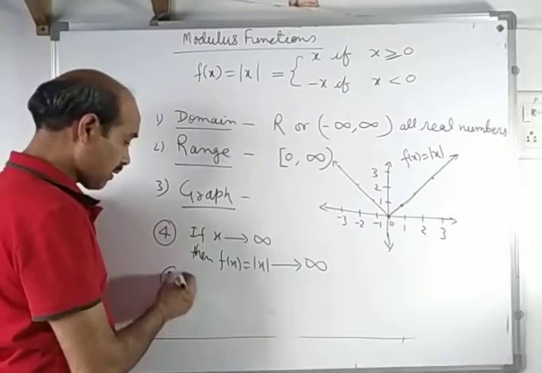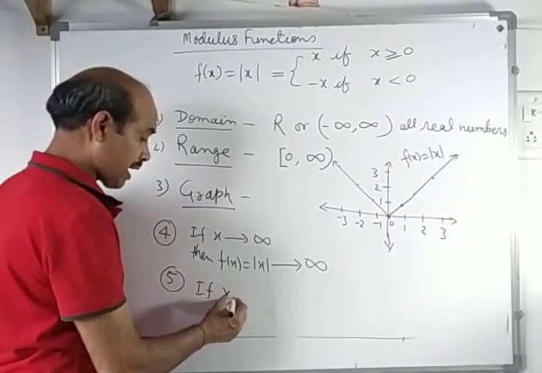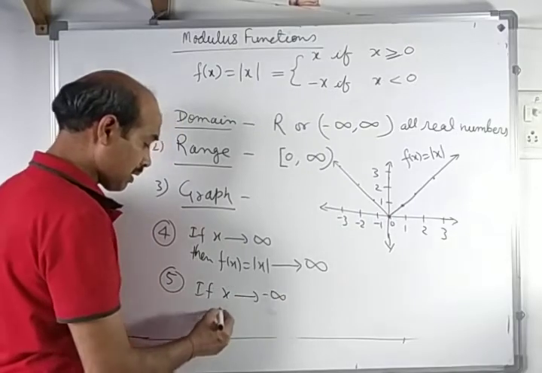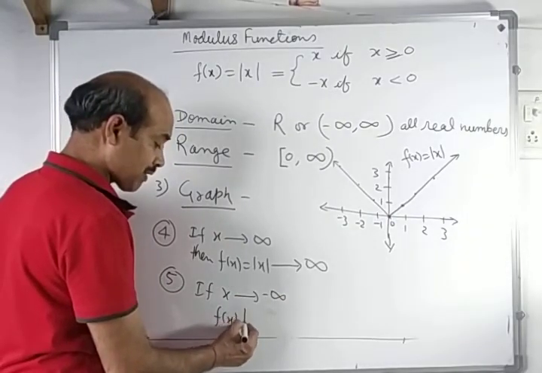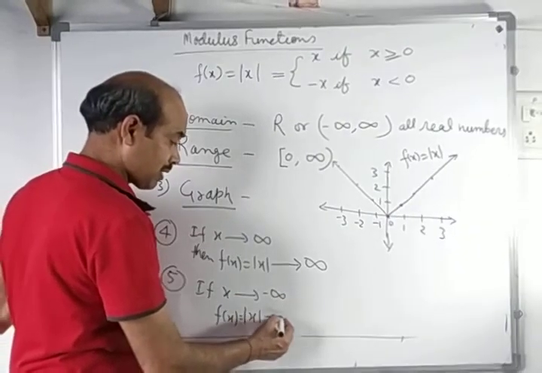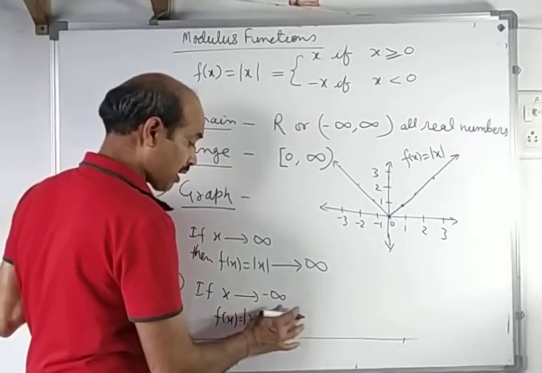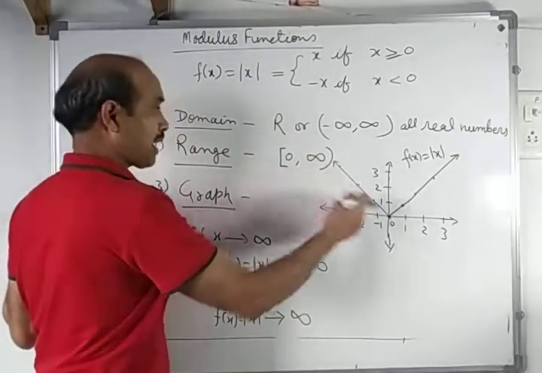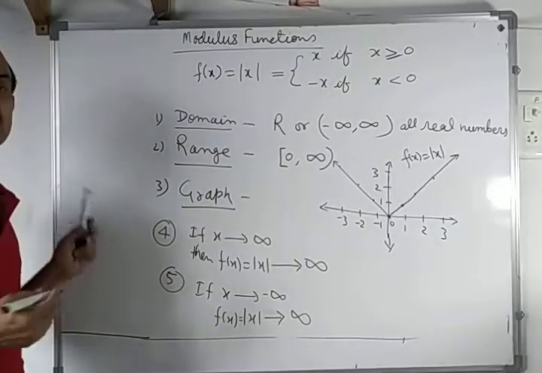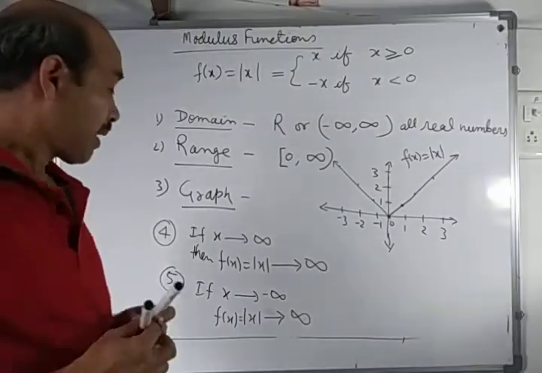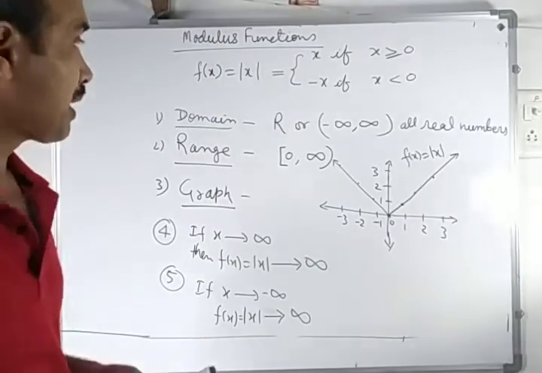And if x tends to minus infinity, then |x| tends to plus infinity. It means in both directions it is going towards plus infinity. This is also a feature of mod x.